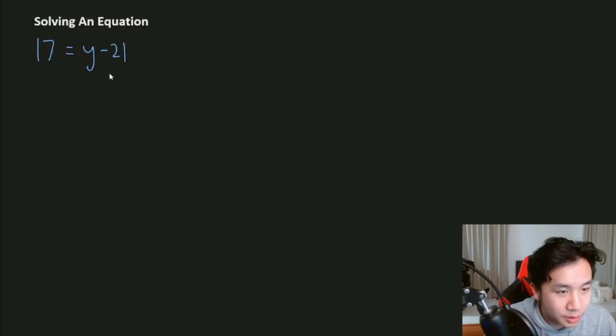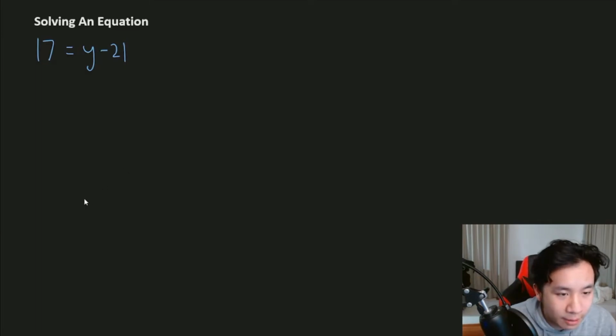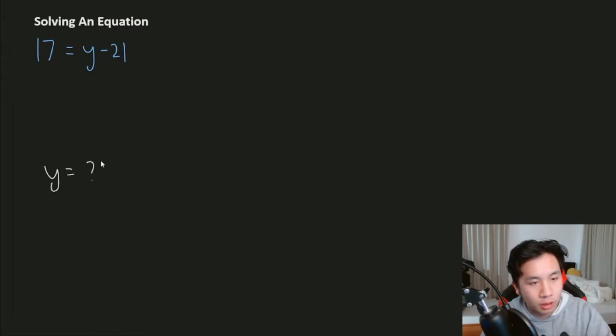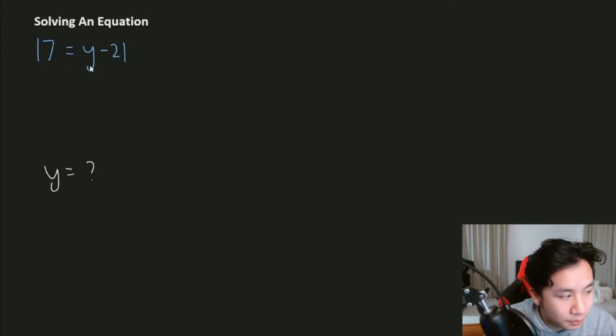So the next equation I'll be solving is 17 equals y minus 21. Same thing. At the end of the day, you want y is equal to a number. It could be 3 or 4, doesn't matter. It just has to be y is equal to something. That's the end result of what I want in this equation. So when I look at this one, I just want y by itself.